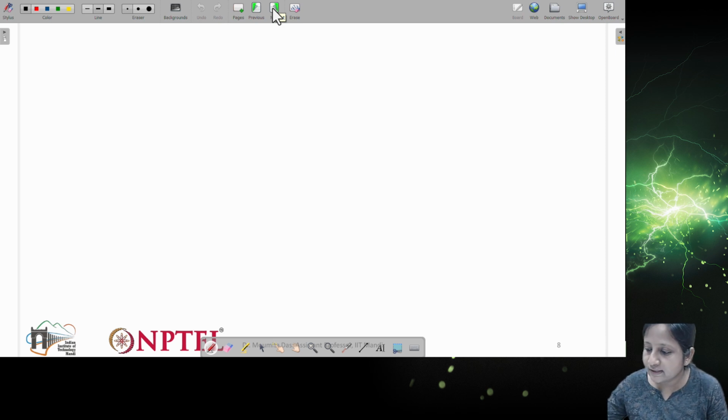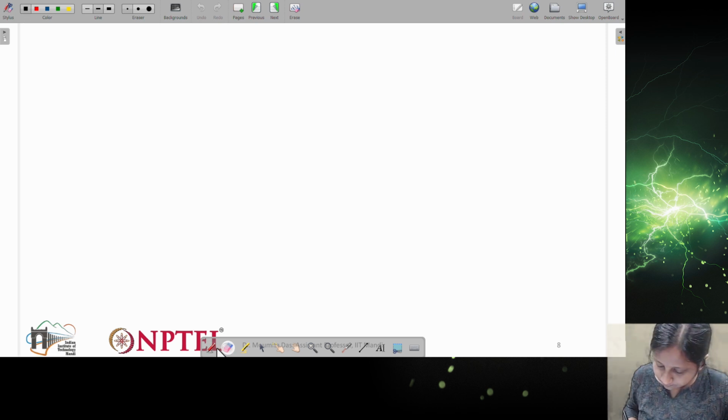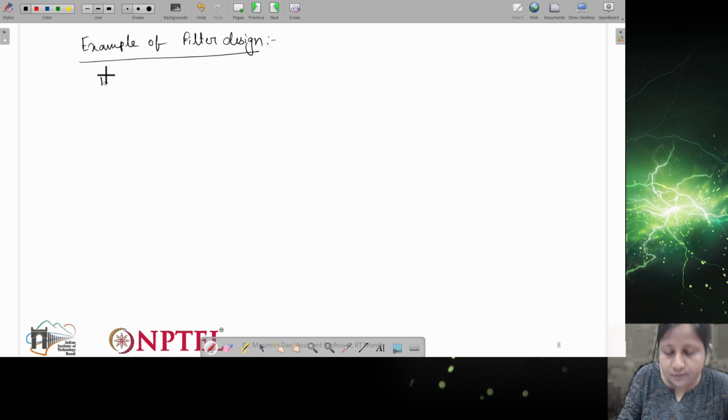Now let's consider an example, an example of filter design. I'll just give you the data which I have with me. Okay, first step, what we have to do?